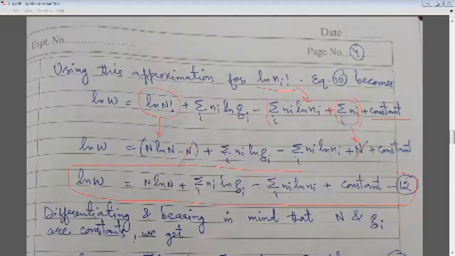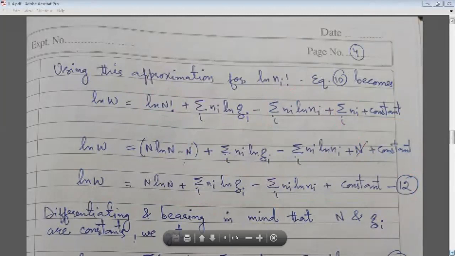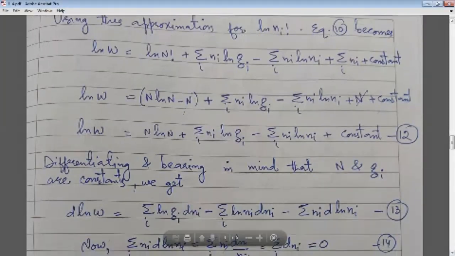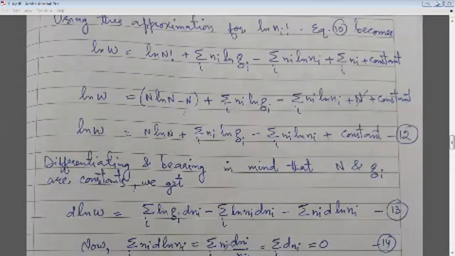Now we will differentiate this equation 12, but we are imposing the condition that, for a closed system, the total number of molecules or particles will obviously be constant, and the degeneracy gi is also constant.